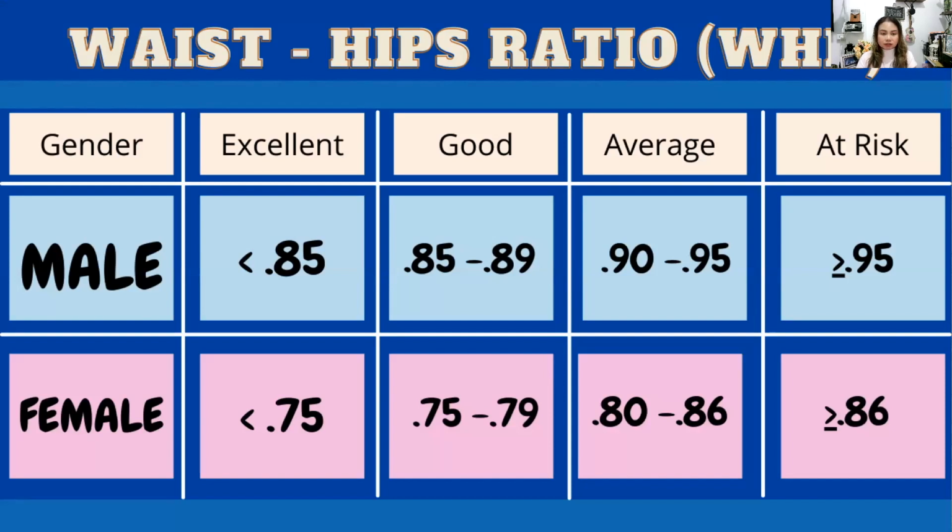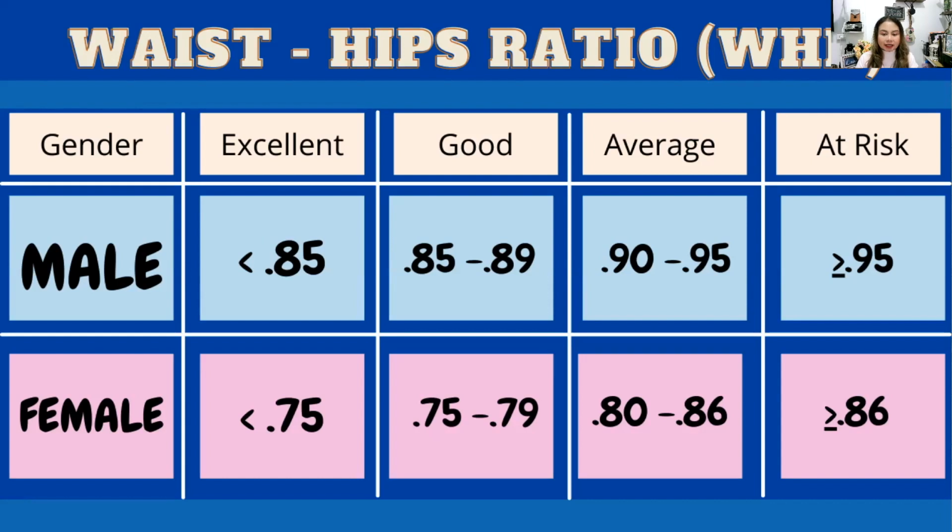After getting the result, take a look at this chart for the waist-hip ratio or WHR and consider the gender that you are. In that particular problem, the gender is female. The female result is 0.78. So if it is 0.78, saan siya belong?